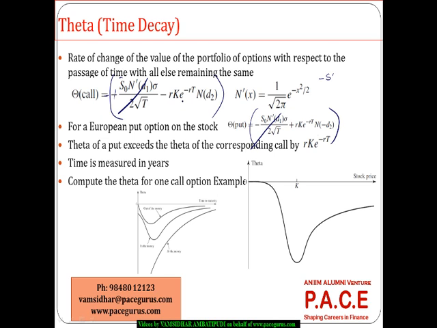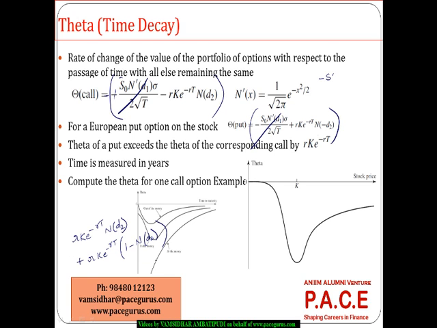So here I am left with rK e power minus rT N of D2, and when I am doing a minus of this, it is coming rK e power minus rT N of D2 plus rK e power minus rT N of minus D2, which is nothing but 1 minus N of D2.